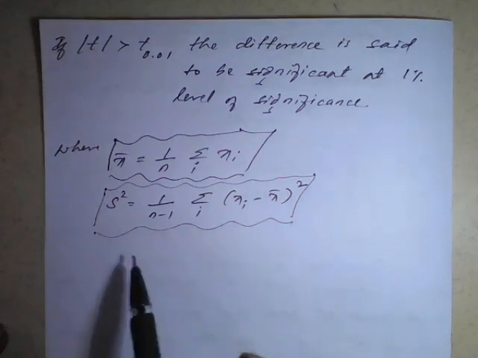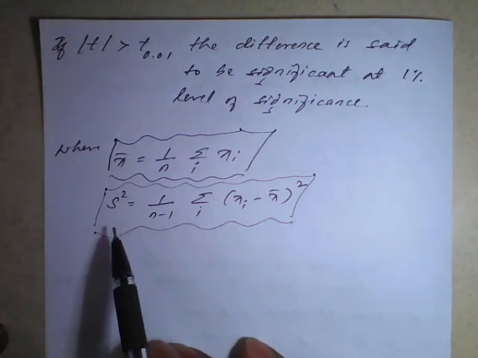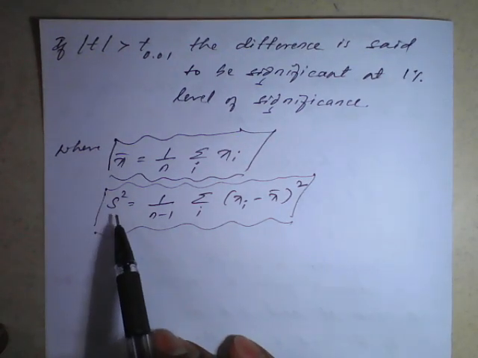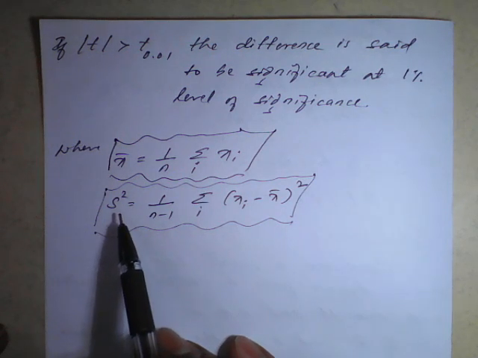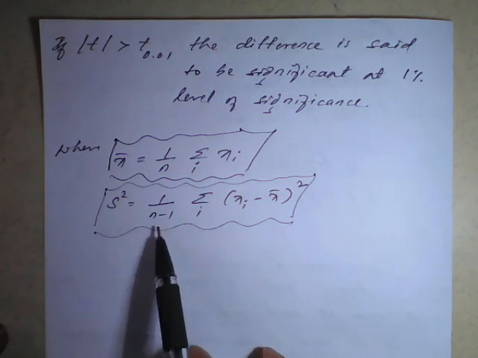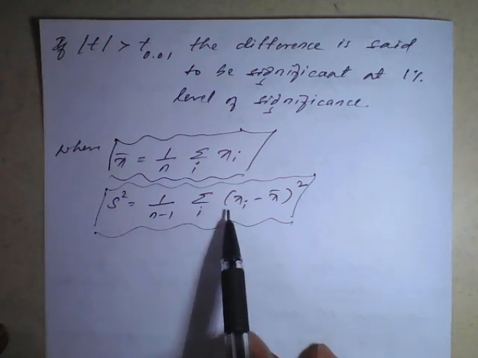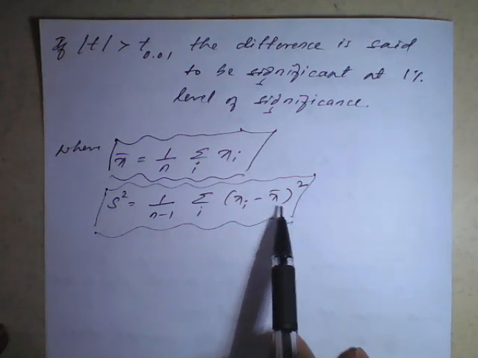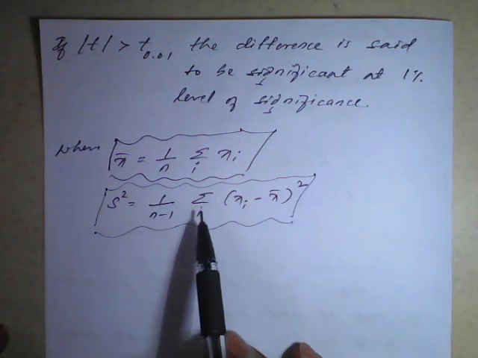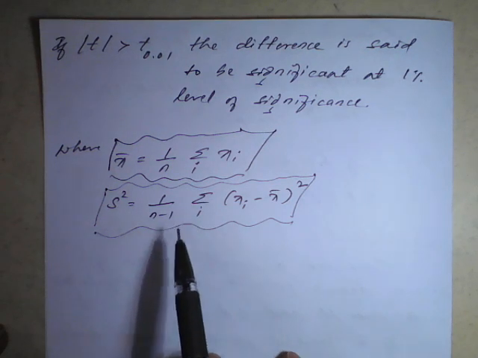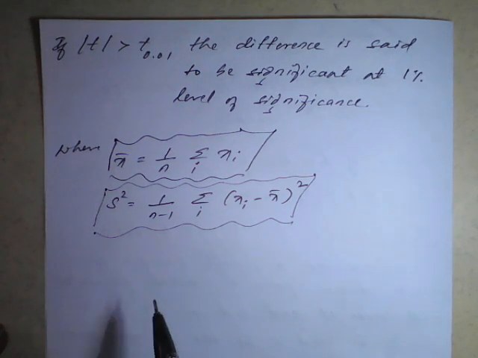We don't have the formula for s directly, but we need to find s square, then take the square root of this s square to get the value of s. The s square formula is 1 upon n minus 1 summation of xi minus x bar whole square. With the help of this, we'll see examples based on student t distribution, where n value is less than or equal to 30.